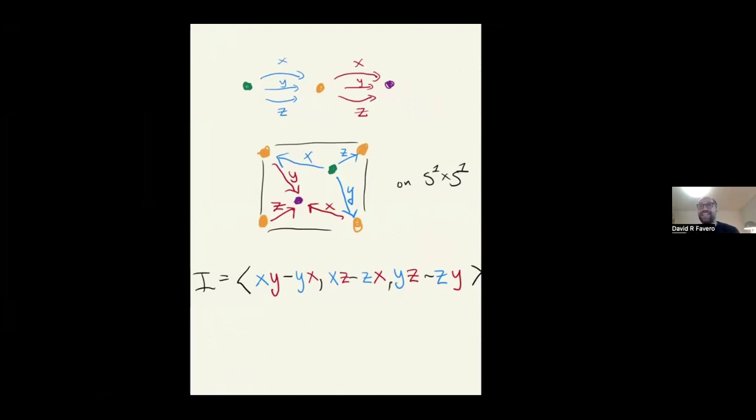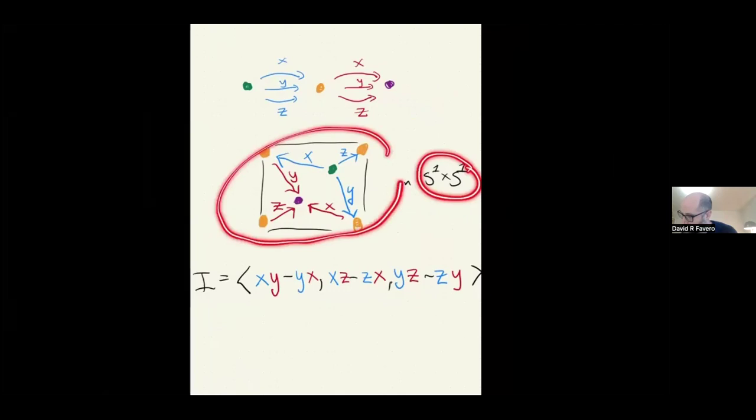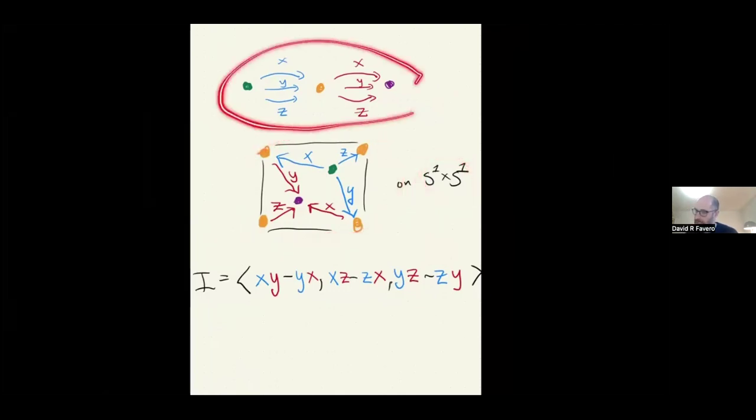So here's another example. This space is a torus. This is on a torus, and it's the same example, right? But I want to think of it on a torus. So I'm going to draw on the torus. I'm going to draw the first vertex here.